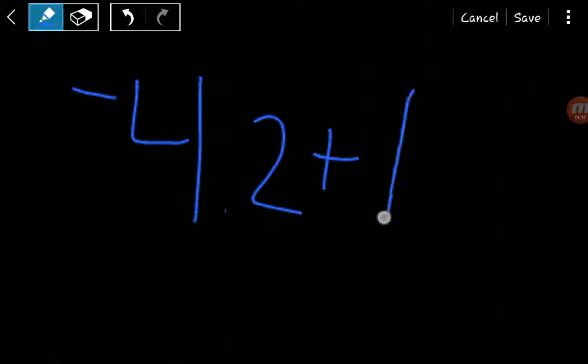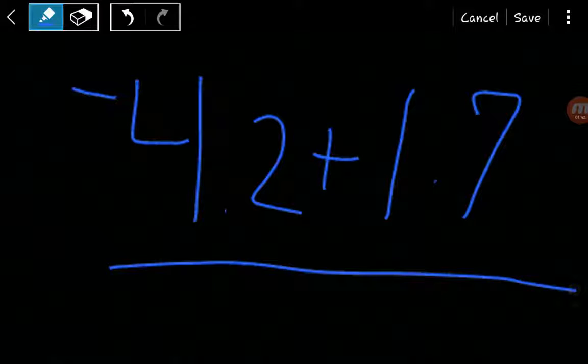So, in order to add rational numbers, you need to find their absolute value. There are different rules for adding rational numbers with the same signs and with different signs. So example number 1. Let's find negative 4.2 plus 1.7. You could do this on a number line, but a faster way to do this would be like this.